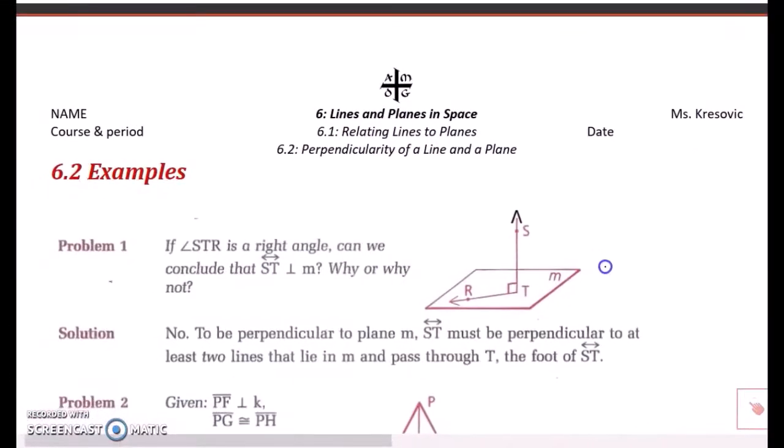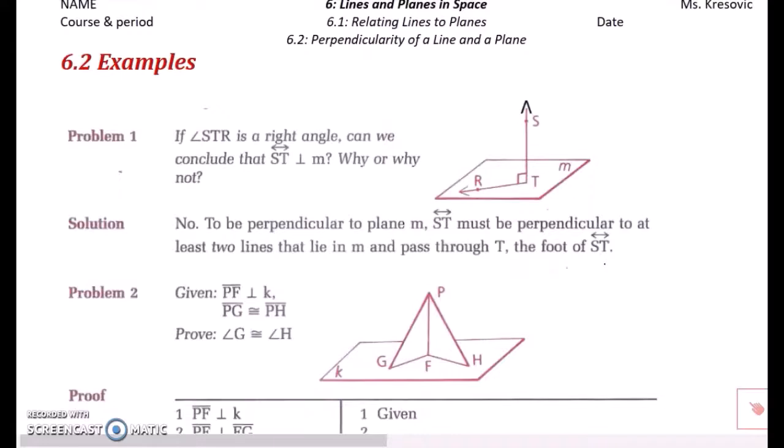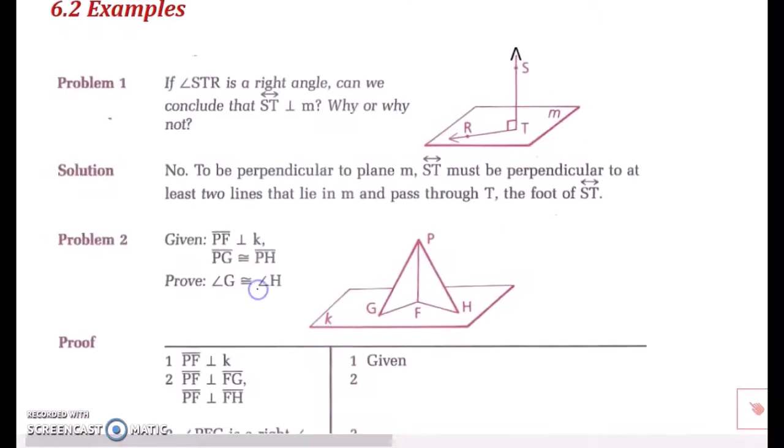And 6.2. If STR is a right angle, can we conclude that ST is perpendicular to M? Why or why not? Because if we think about it, here's a counterexample.